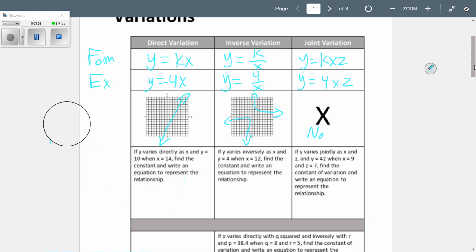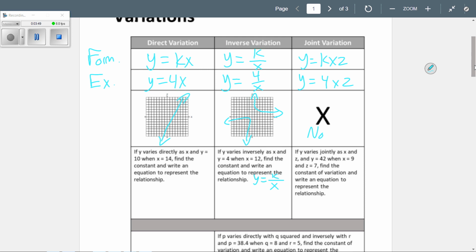Alright, moving on. The inverse variation is said if y varies inversely as x and y equals 4 when x equals 12, find the constant and write an equation to represent the relationship. So we're doing the same thing, it's just inverse. Okay, and we know inverse, y equals k over x.